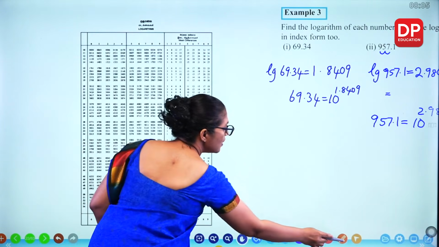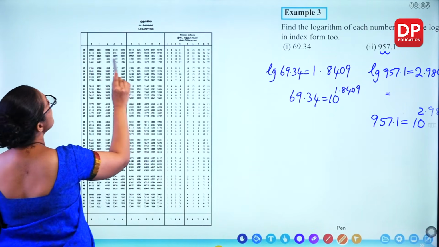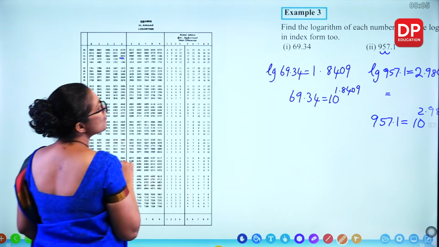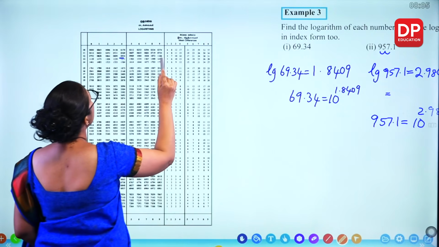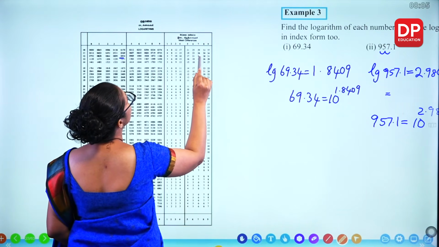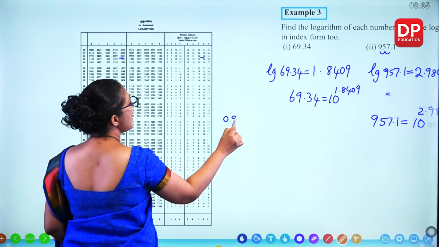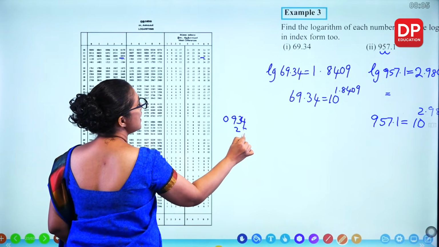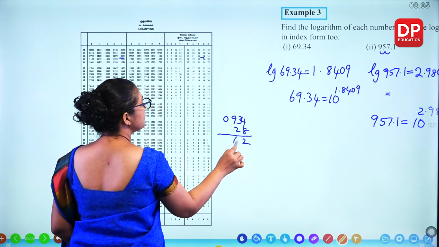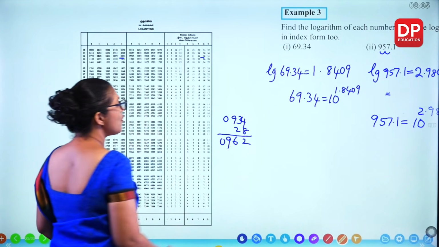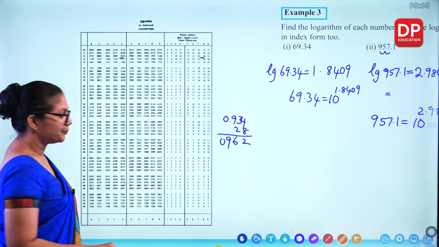I'll refer with this one. 12, 4 is this value. 12, 4, 8. 8 is 28. Add 28 to that. 0934, 28. You get 0962.